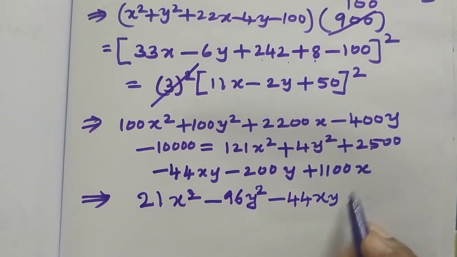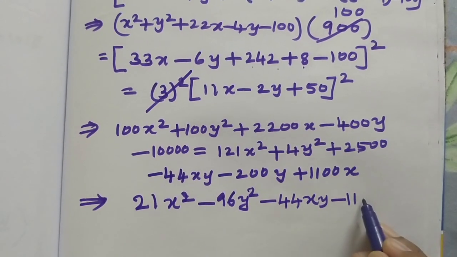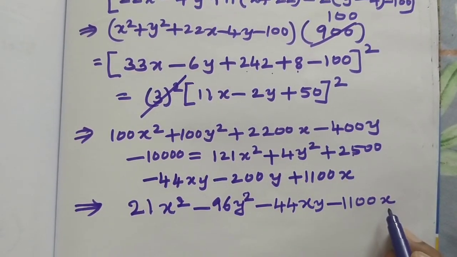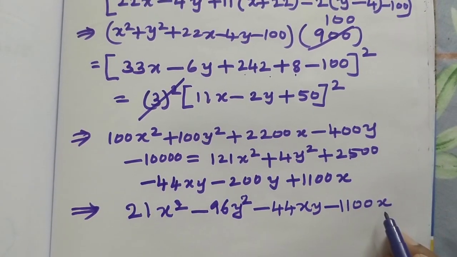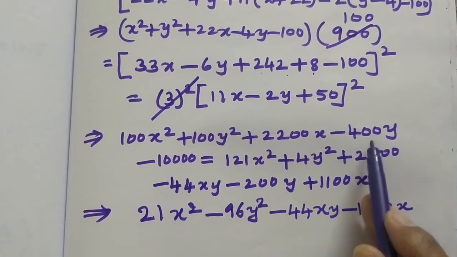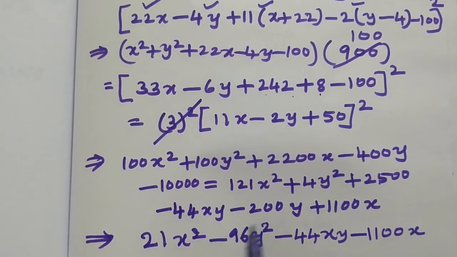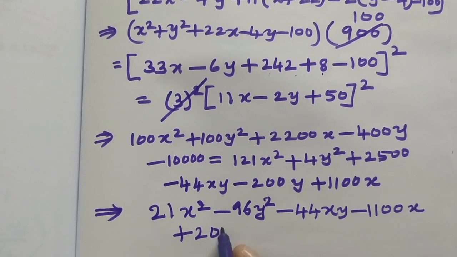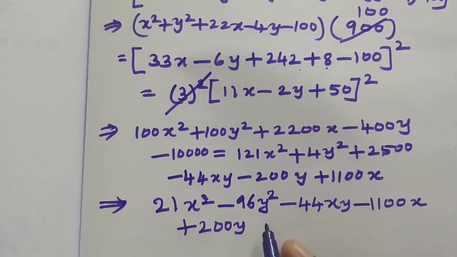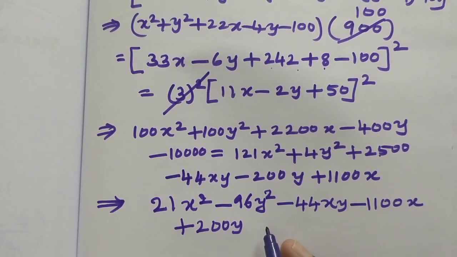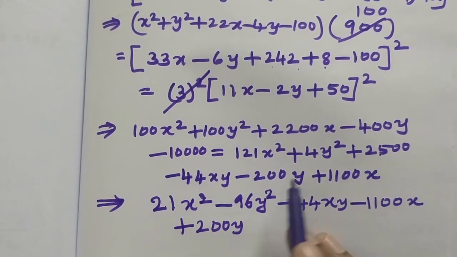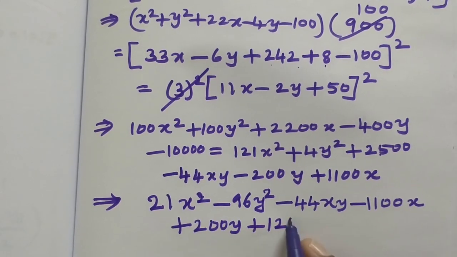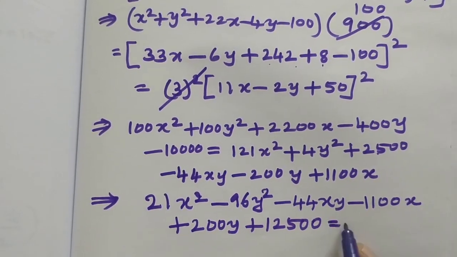So 1100 minus 2200 is minus 1100x, and then y terms, minus 400 came to this side, plus 400, minus 200 plus 400 is plus 200y, and then the constant terms is, this is 2500, this becomes plus 10,000, it gives you plus 12,500 is equal to 0.